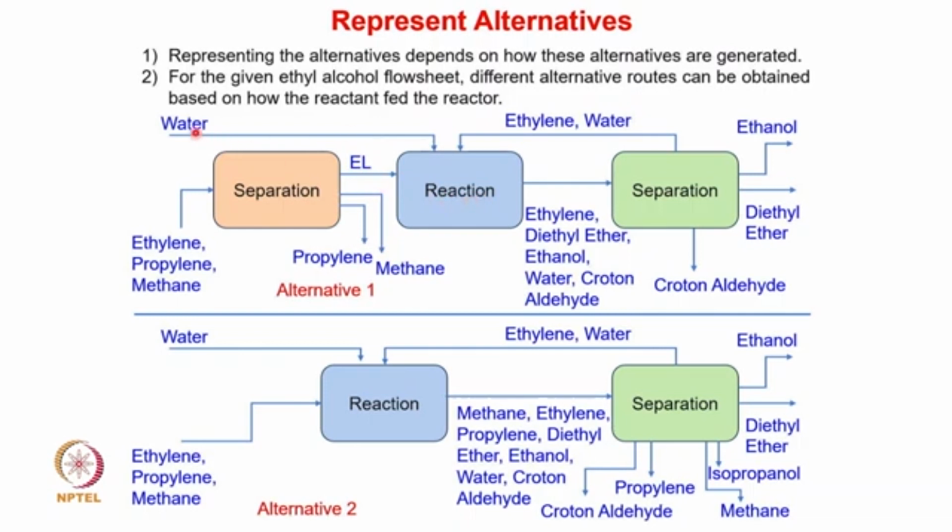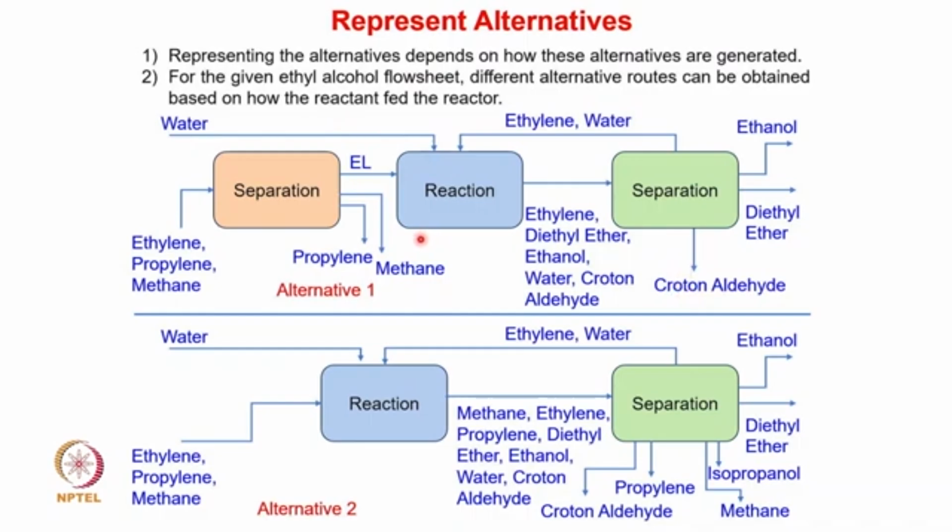In this reactor, water is added and the reaction occurs, and then the product coming out from the reaction will comprise ethylene, diethyl ether, ethanol, water, crotonaldehyde. From this mixture we can get the ethanol as a product, we can get the diethyl ether as a byproduct, we can recycle ethylene and water back to the reactor, and crotonaldehyde, which is a solid component, is separated here. So this is one alternative.